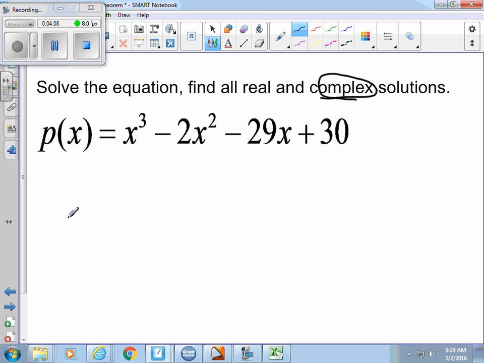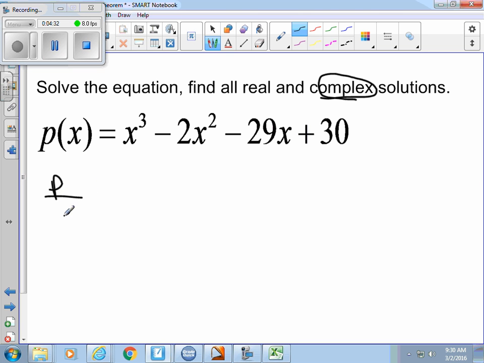Now, you don't have to do it all by hand. Do I know how to factor a cubic? No. So what's my only option? What am I going to have to do to make this something I can solve? I'm going to have to find a 0 and divide it out, right? You have 2 options.